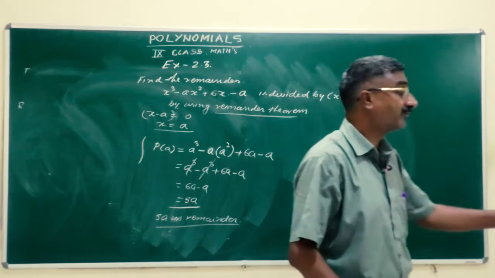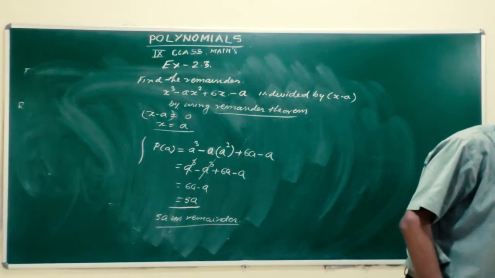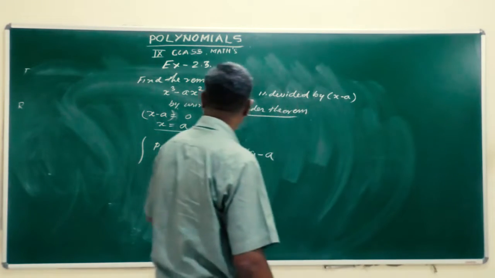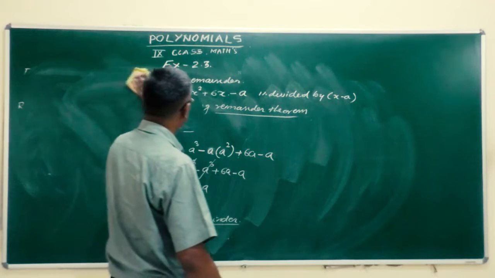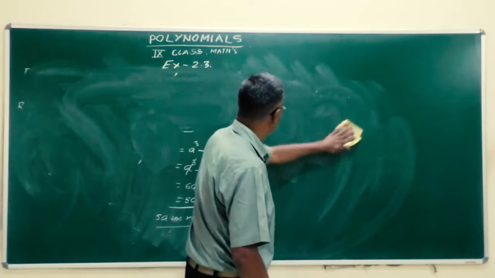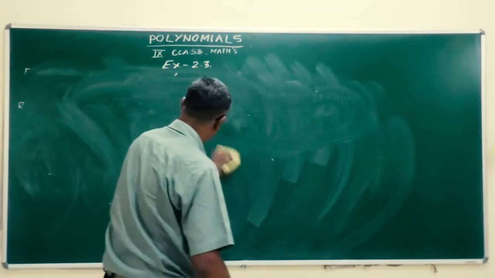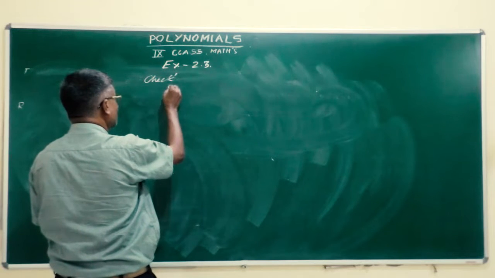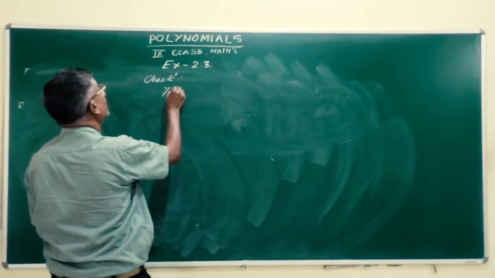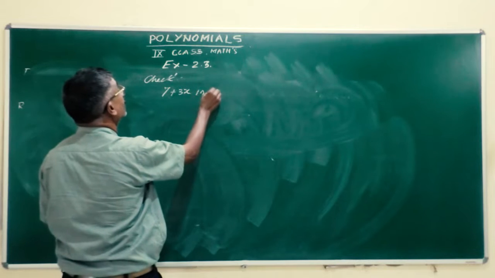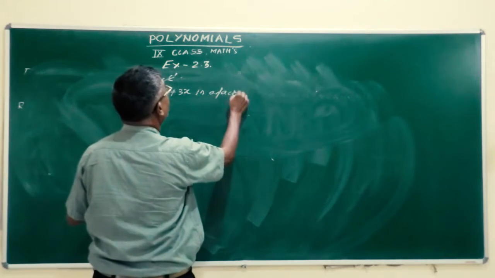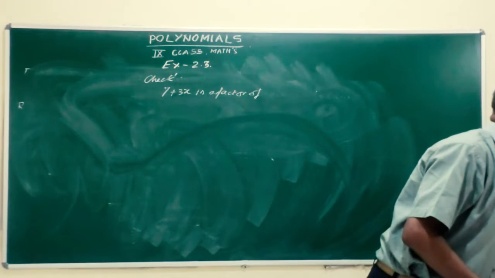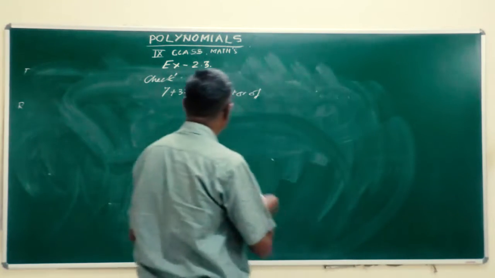Clear? So now the next question is check whether 3x plus 7 is a factor of 3x cube plus 7x.